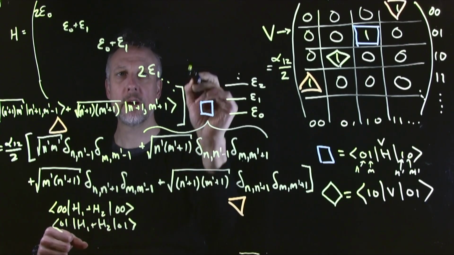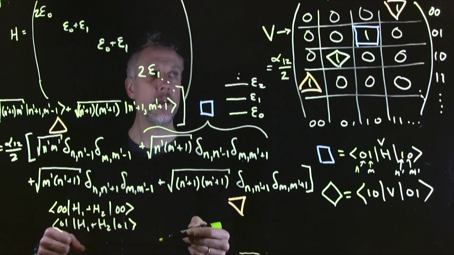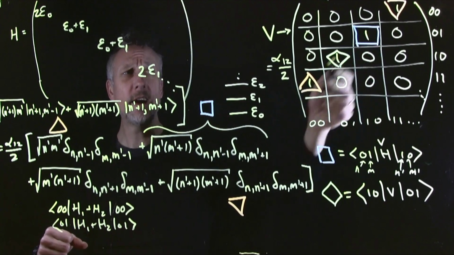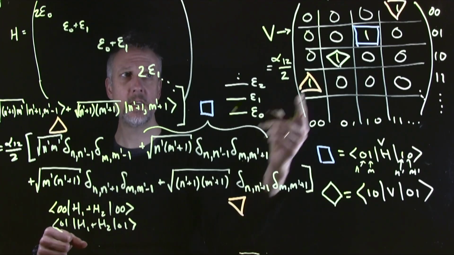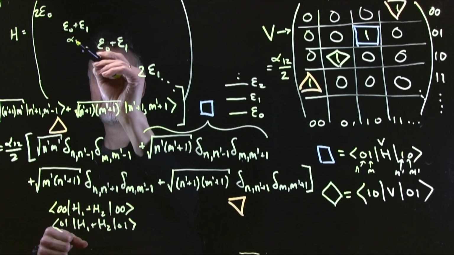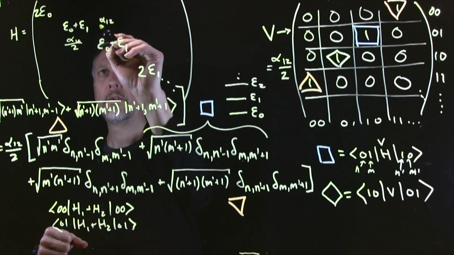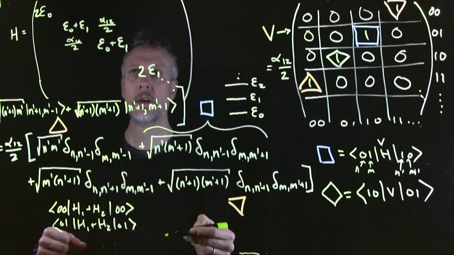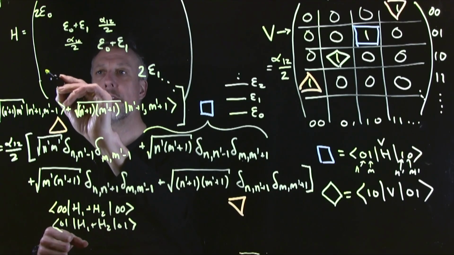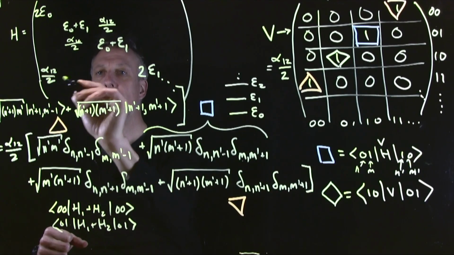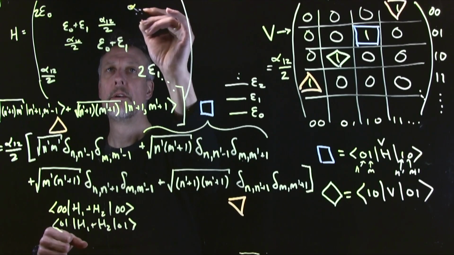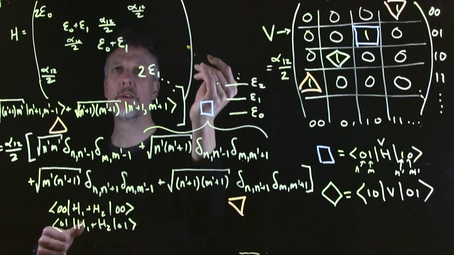Now it does keep going on. We know that. Then we add in our off diagonals, and we see we have alpha 1, 2 divided by 2, and alpha 1, 2 divided by 2. We also have, on this one here, alpha 1, 2 divided by 2, and up here, alpha 1, 2 divided by 2, and we have 0 everywhere else.